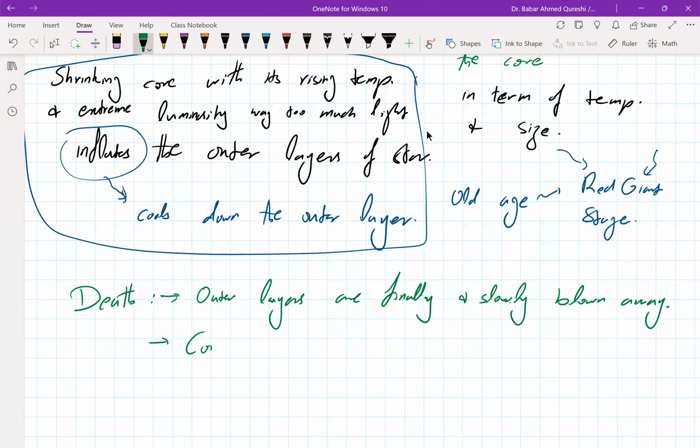And the corpse of the star, what is the corpse? The corpse is just the inner core revealed. And what is this? This is just carbon, which is not burning.